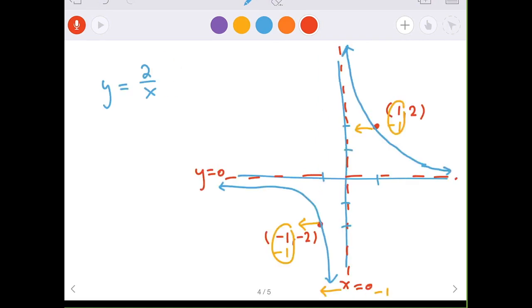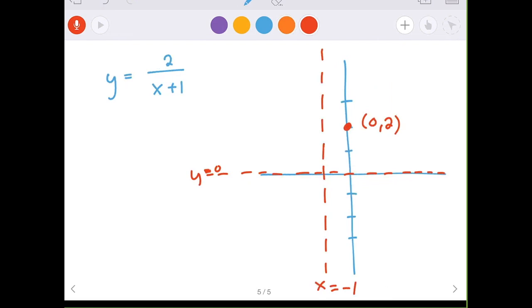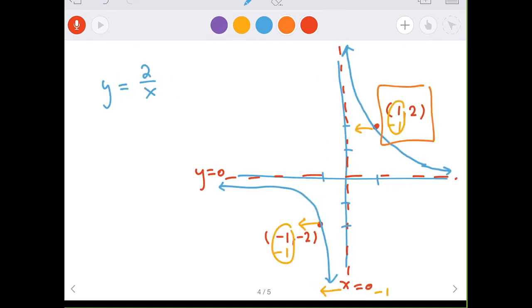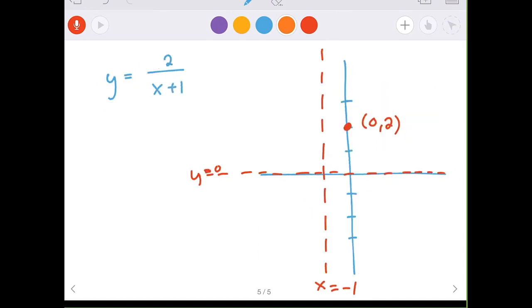But moving this ordered pair to the left 1 unit is going to take me to the new ordered pair 0, 2. So we have the point 0, 2 on this graph. And then if we move this second ordered pair to the left 1, or subtract 1 from the x values, what we can see is that we move to the new ordered pair -2, -2. So let's plot that over here.